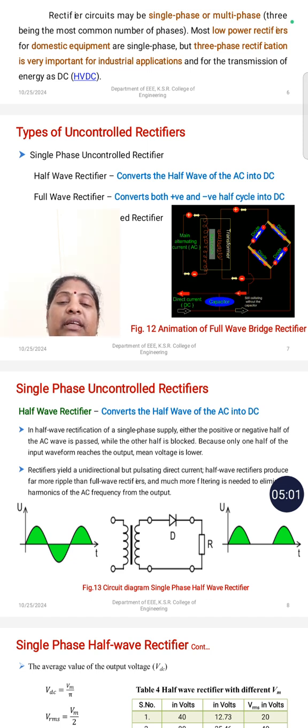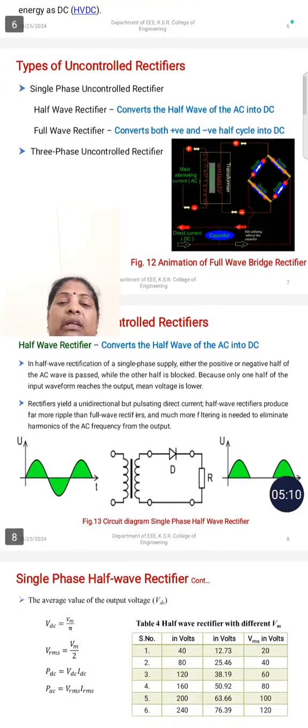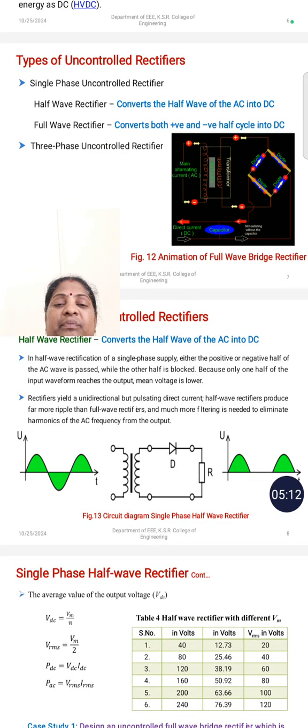Rectifiers yield a unidirectional but pulsating direct current. Half wave rectification produces far more ripple than full wave rectification, and much filtering is needed to eliminate the harmonics of the AC frequency from the output.